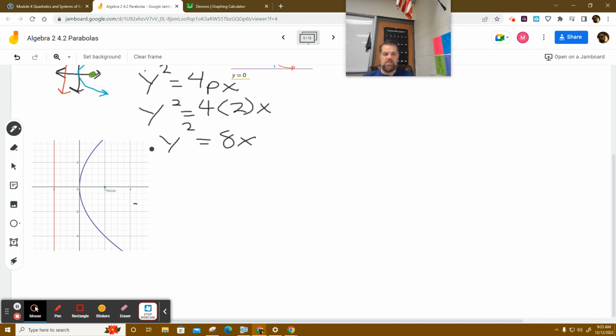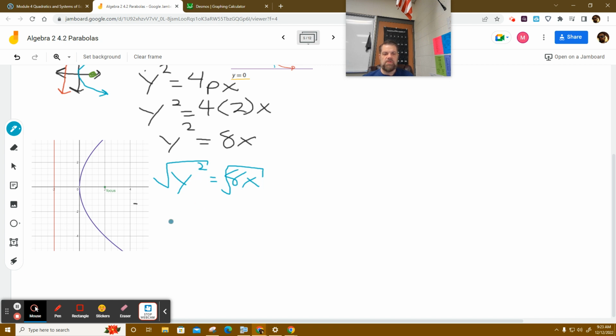I can make it a function because if I say y squared equals 8x, and I take the square root of y squared, then I have to take the square root of the other side.